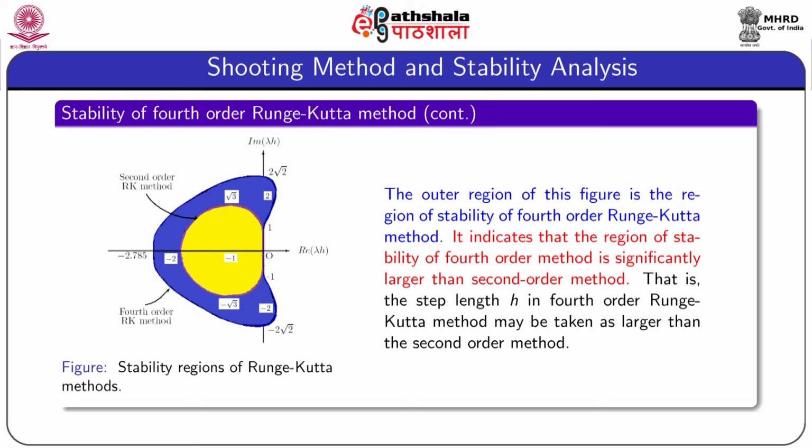And note that the region is bounded along the imaginary axis by minus 2 root 2 to 2 root 2, and along the real line the bounds are minus 2.785 and 0. So the entire left hand region represents the stability region of the fourth order Runge-Kutta method. So we can conclude that the fourth order Runge-Kutta method is better than the second order Runge-Kutta method.